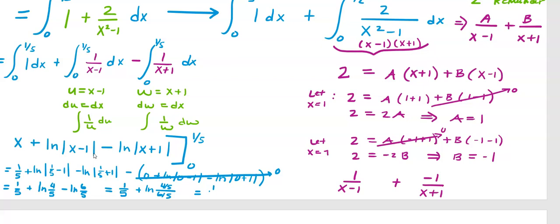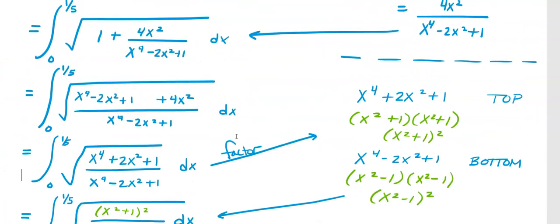So I would end up with 1/5 plus the ln of 4/6, which of course would reduce to 1/5 plus the ln of 2/3. And that would be our final answer, 1/5 plus the ln of 2/3 units. That was a long problem.